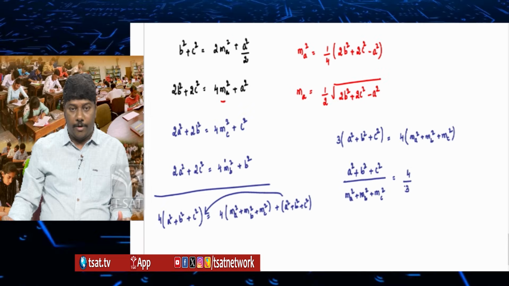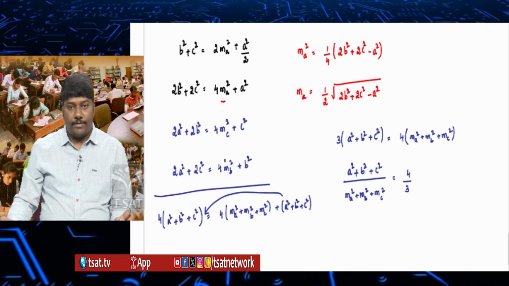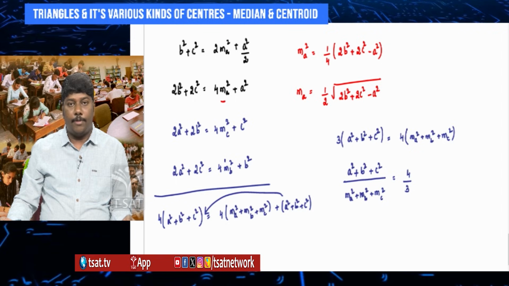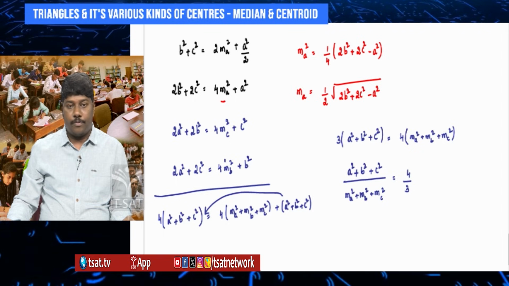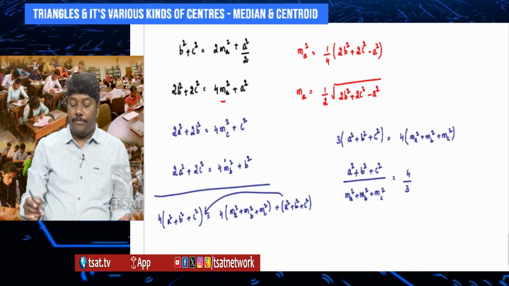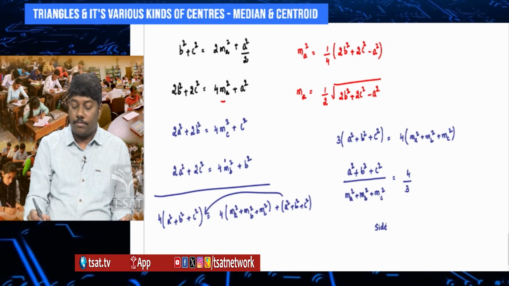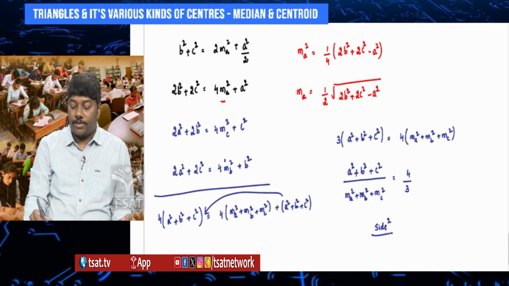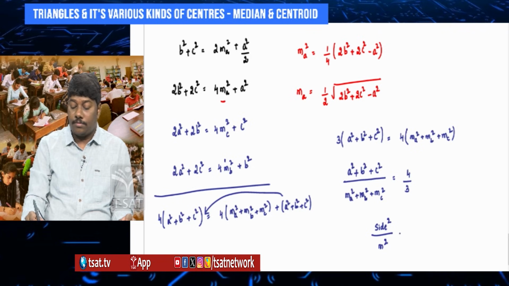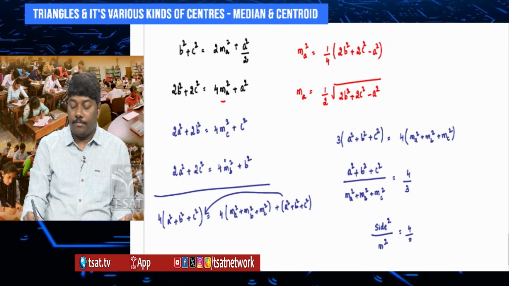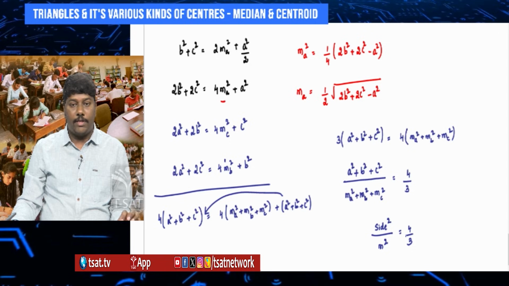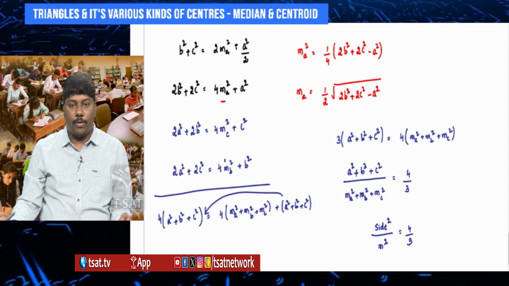So always remember, the sum of squares of sides is always greater than the sum of squares of medians. In an equilateral triangle, I can simply say side square by median square is equal to 4/3, because all the medians and all the sides in an equilateral triangle are equal.